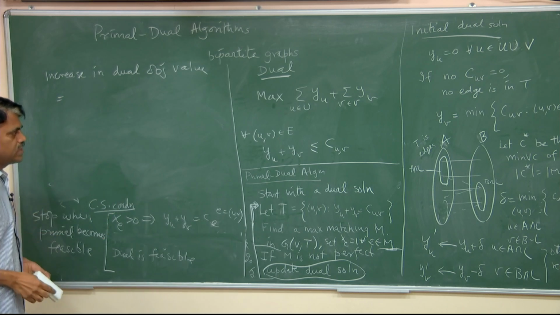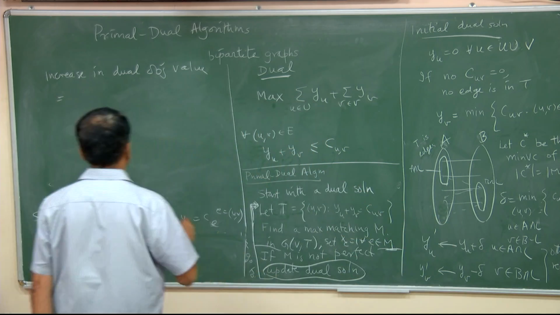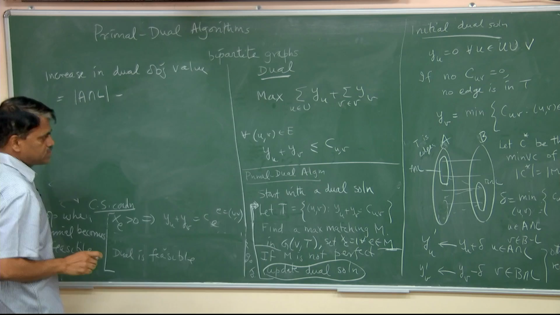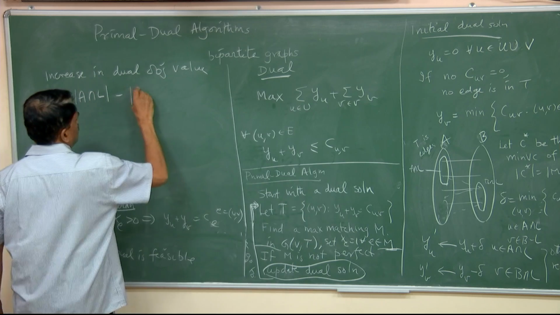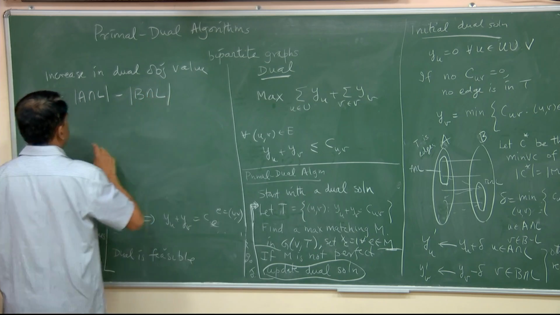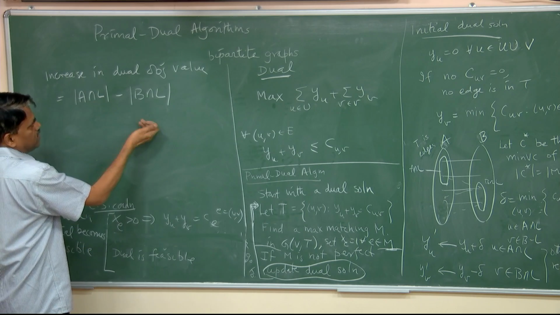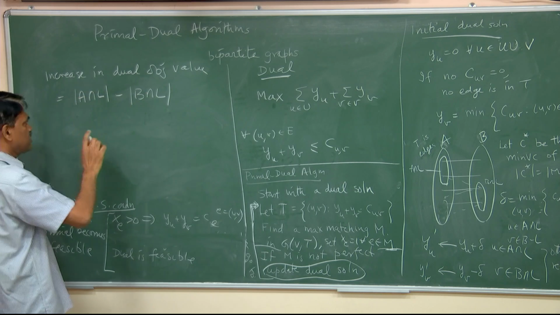We'll see what it is. Where all did I increase? A intersection L minus B intersection L. This is the increase, right? I've increased so much. Now, if this is a lot more than this, then I know it will be a net decrease. I want to argue that's not the case.